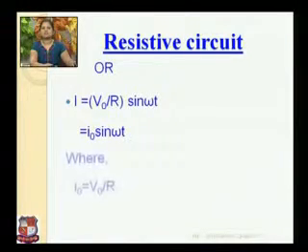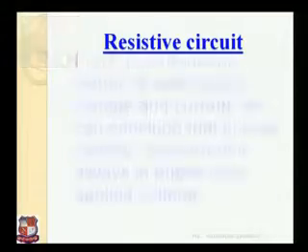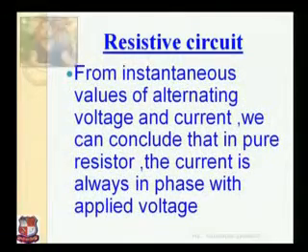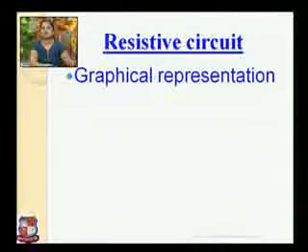So the equation of voltage is V equal to V0 sin omega t, and the equation of current is I equal to I0 sin omega t. From the instantaneous values of alternating voltage and current, we can conclude that in a purely resistive circuit, the current is always in phase with the applied voltage, because there is no phase difference between voltage and current.